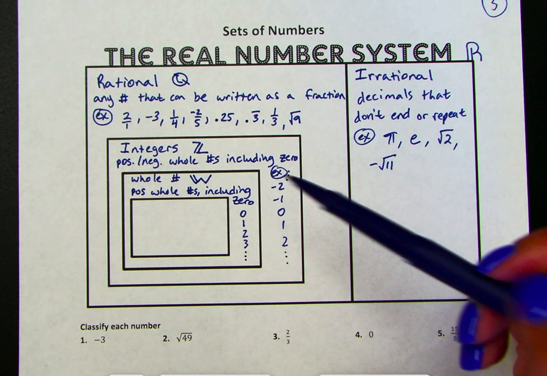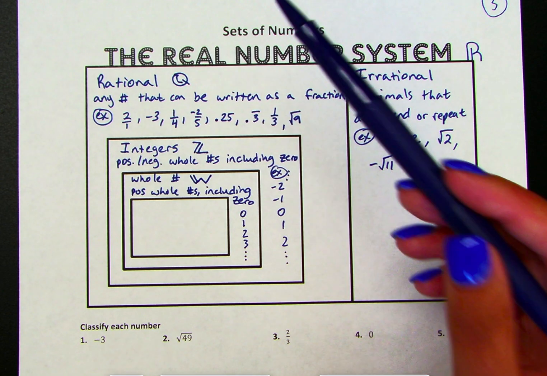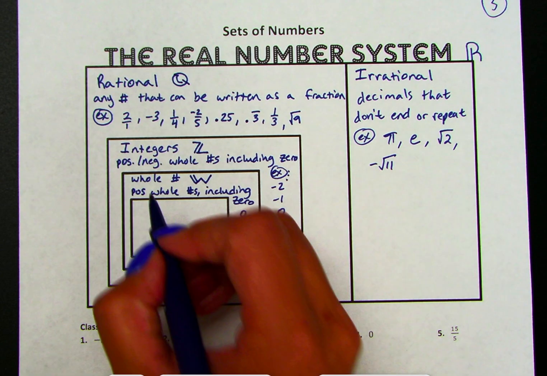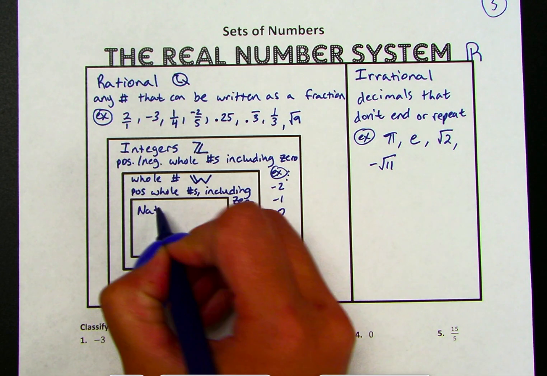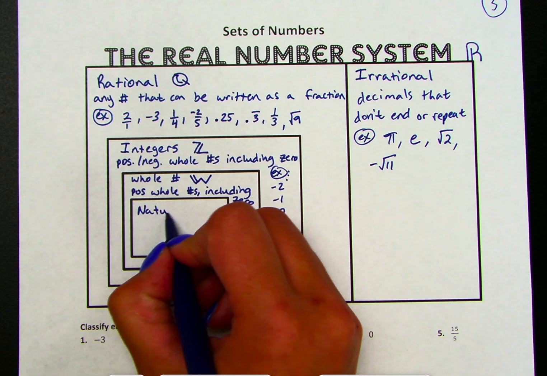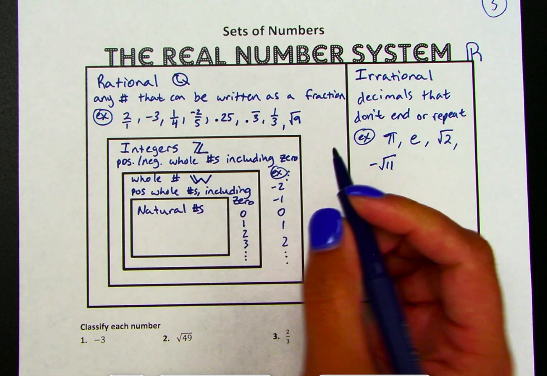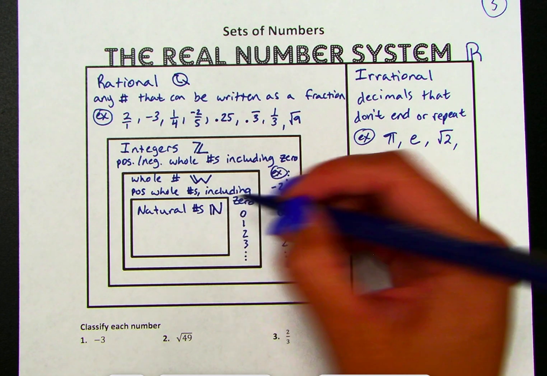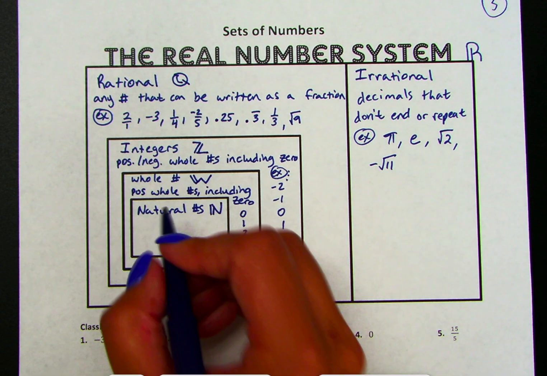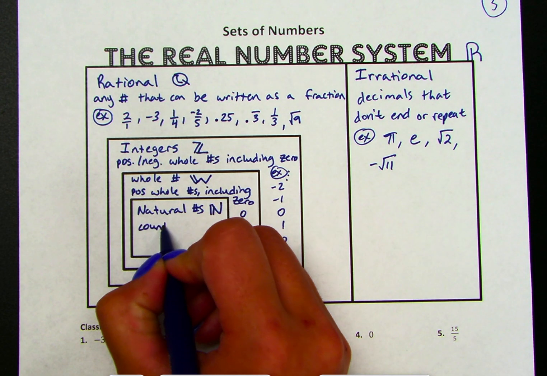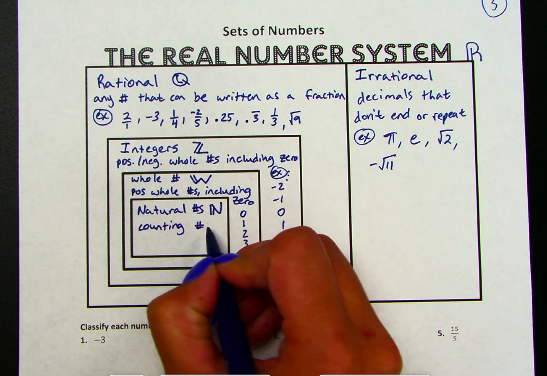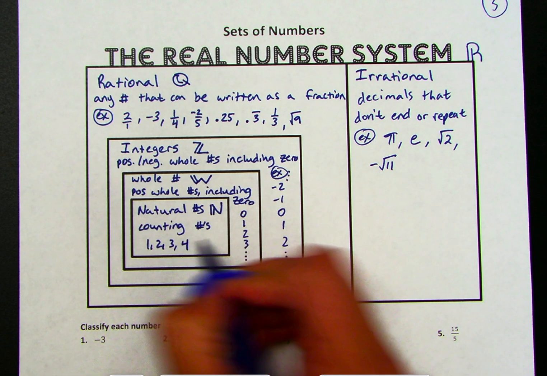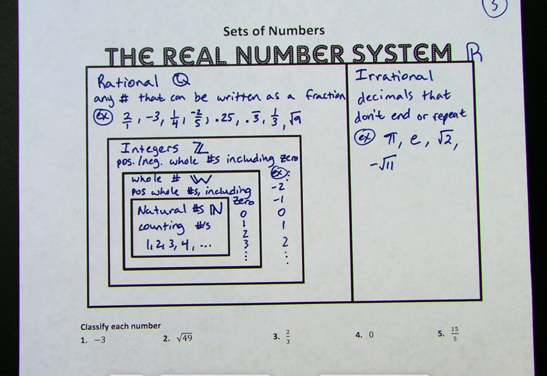Now, every whole number is considered an integer, which is considered rational, which is considered real. And then our last subgroup are the natural numbers. And this is a bolded N. For these, we want to think of them as the counting numbers. So this does not include 0. So 1, 2, 3, 4, and so on.